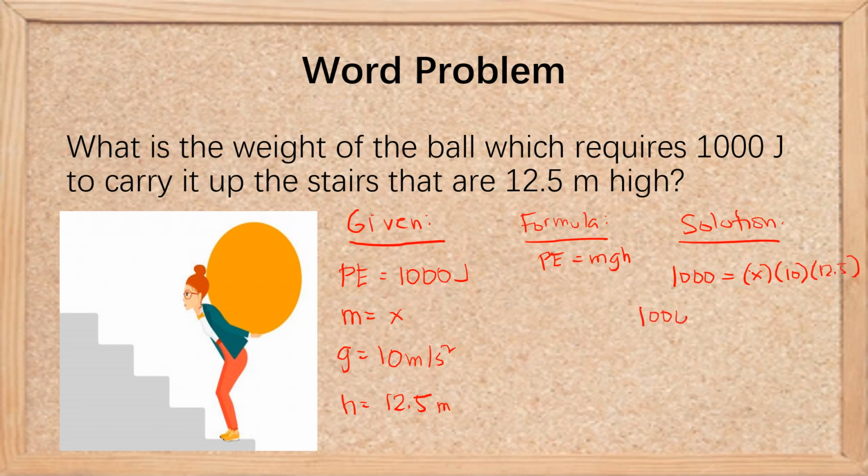So 10 times 12.5 gives you a value of 125x. So what are you going to do next? You have to divide both sides by 125, so you can cancel this one. So 1000 divided by 125, what is the value?